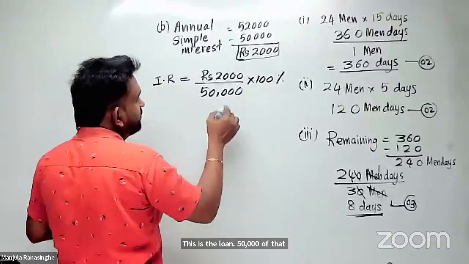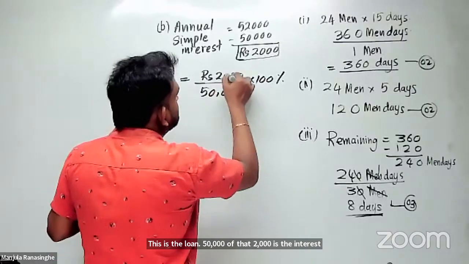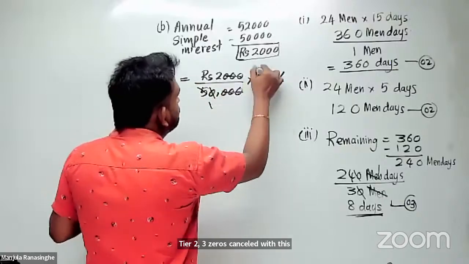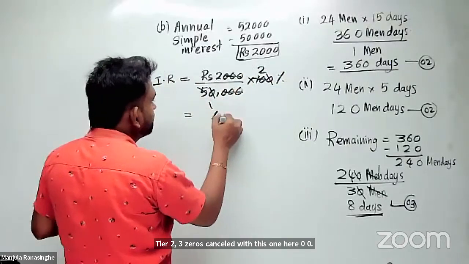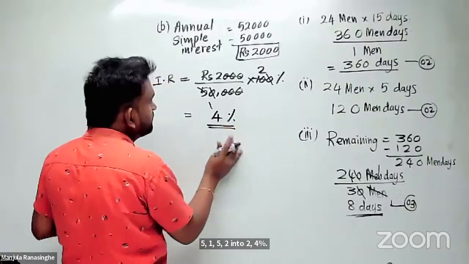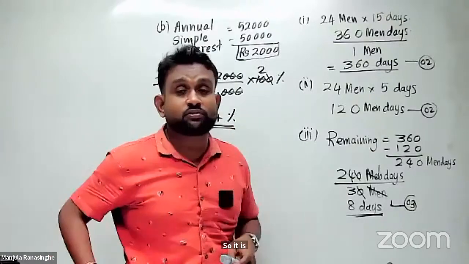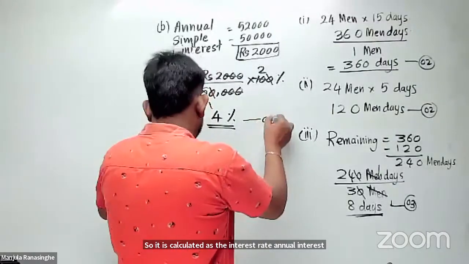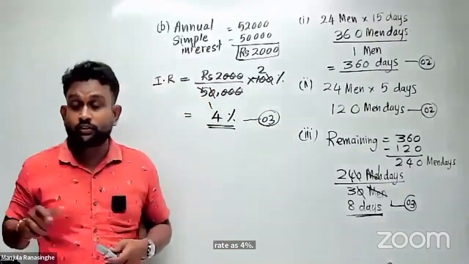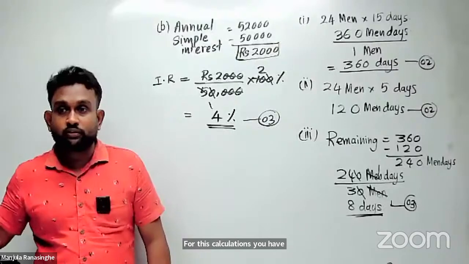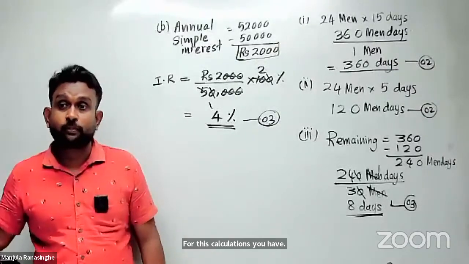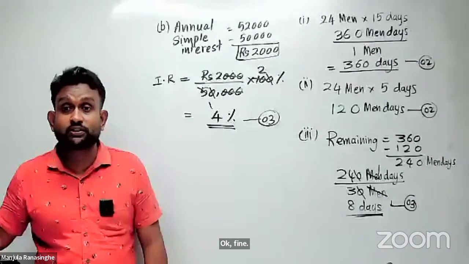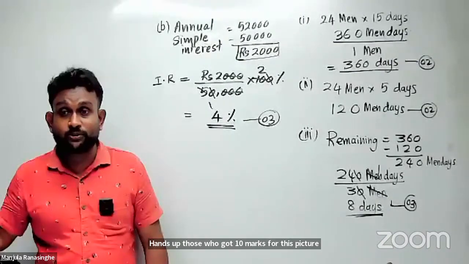Then multiply with 100%. Here 2 zeros, 3 zeros cancelled with this one. 2 into 2, 4%. So it is calculated that the annual simple interest rate is 4%. For these calculations, you have 3 marks. Okay, fine. Hands up those who got 10 marks for this question. This is a good question.